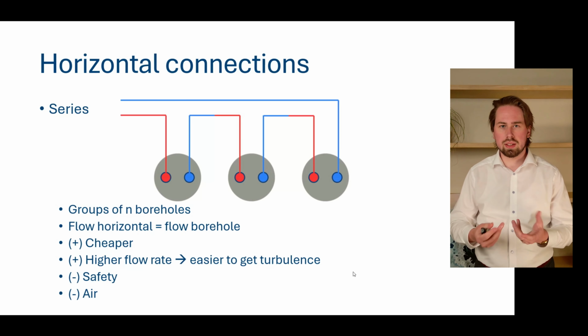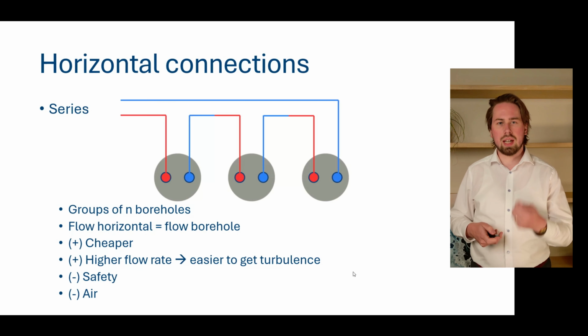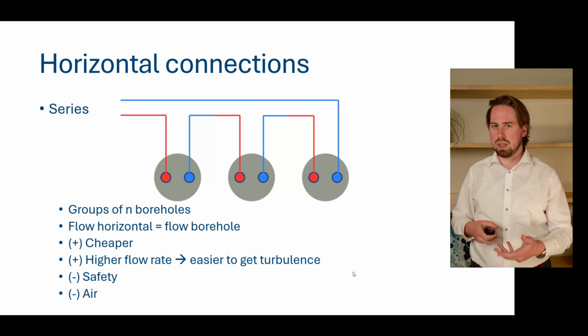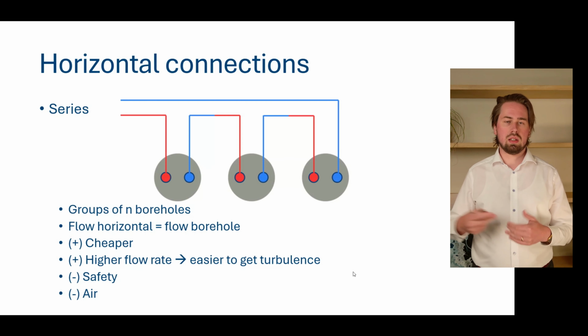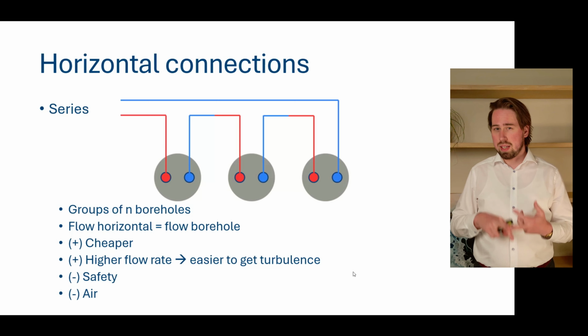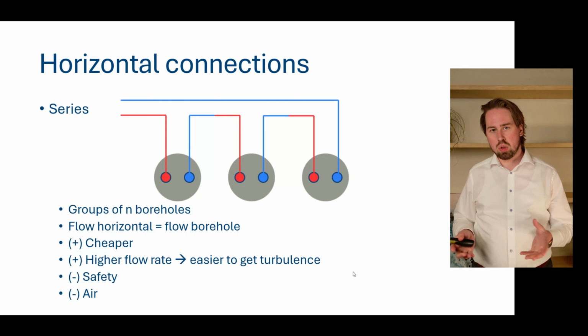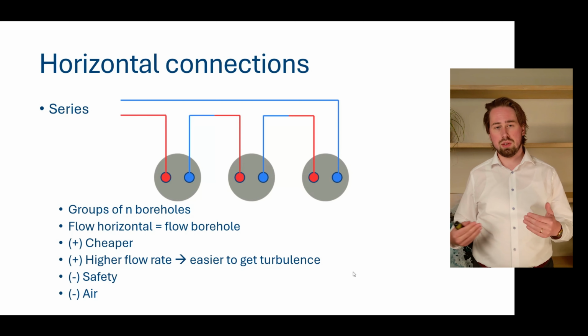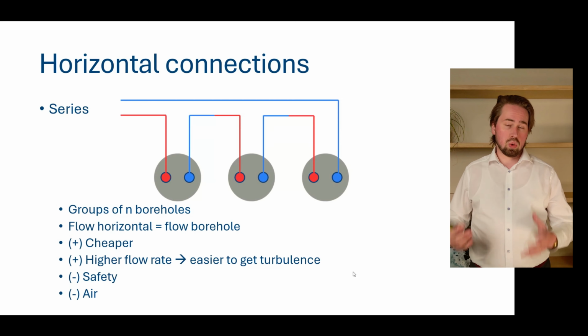So the flow rate through each borehole is higher, making it easier to get turbulence and potentially enhancing your hydraulic and your thermal design. The problem here again is safety. We again have one group, so if one borehole fails, we need to cut off the whole group.